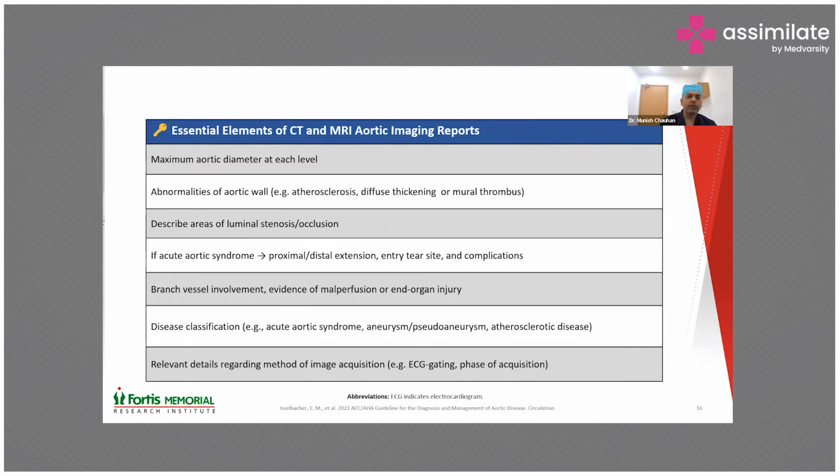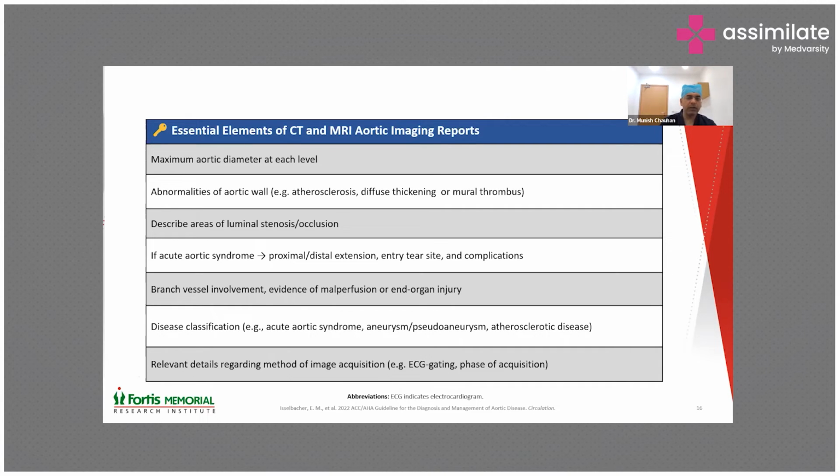Okay, what are the essential elements? If we watch closely what the results show, we should know, at whatever level we are talking about, the maximum aortic diameter, because that determines whether surgery or conservative management needs to be done. If there are abnormalities, they need to be described: whether the wall is thickened, there is a thrombus, or atherosclerosis.